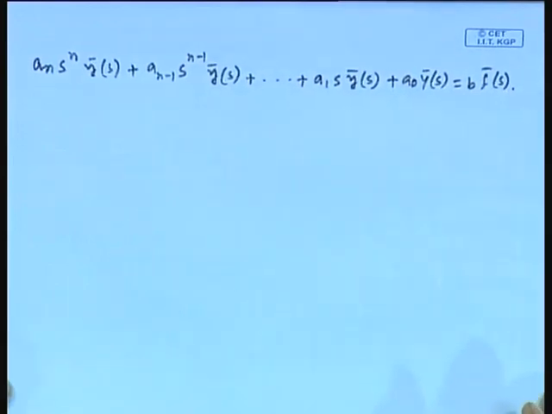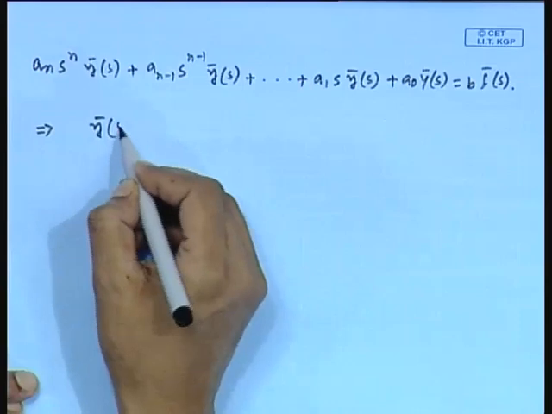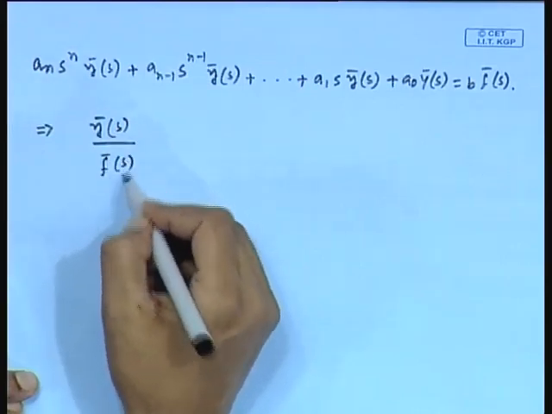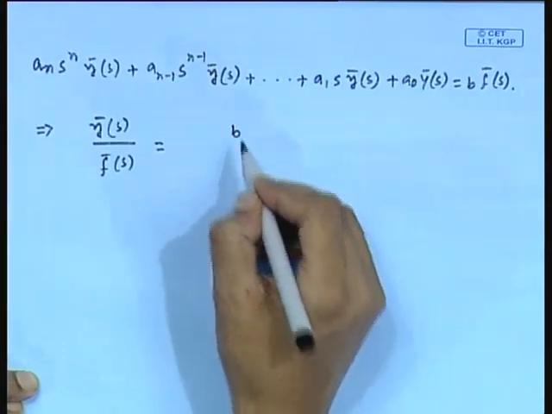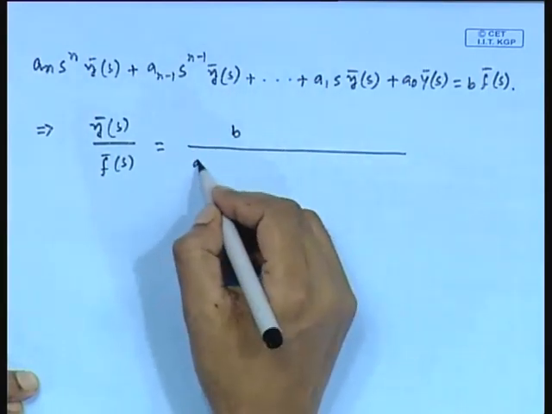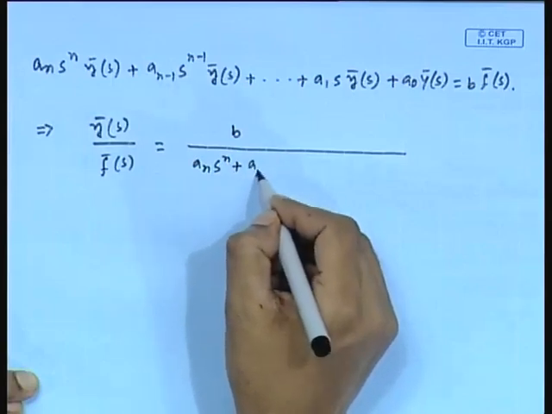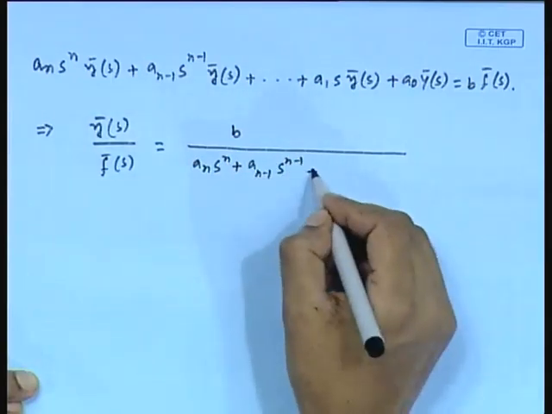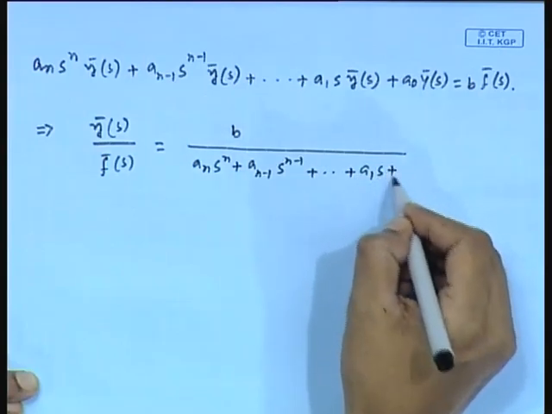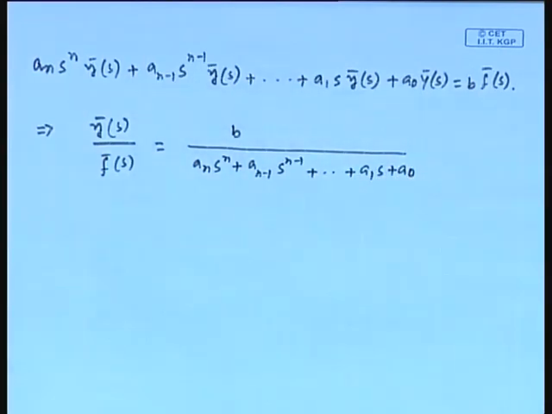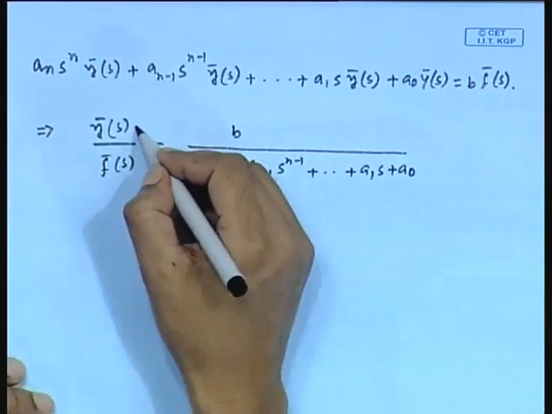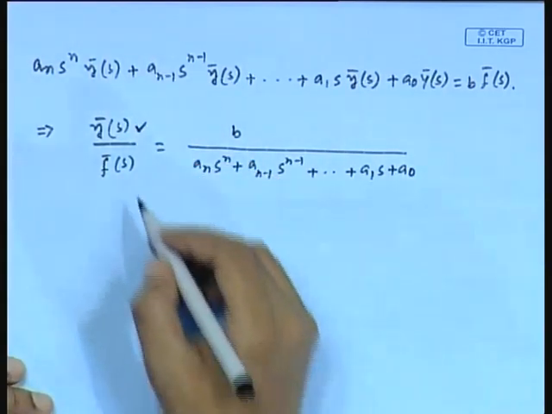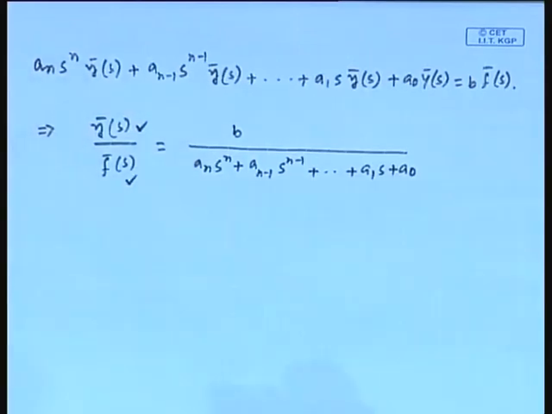Can we write this? If we take the Laplace transform of the linear or linearized nth order differential equation, we get this. Now, we can rearrange this equation like this, y bar(s)/f bar(s) equal to b divided by a_n s^n plus a_(n-1) s^(n-1) plus up to a1 s plus a0. This is the output in S domain, this is the input in S domain.